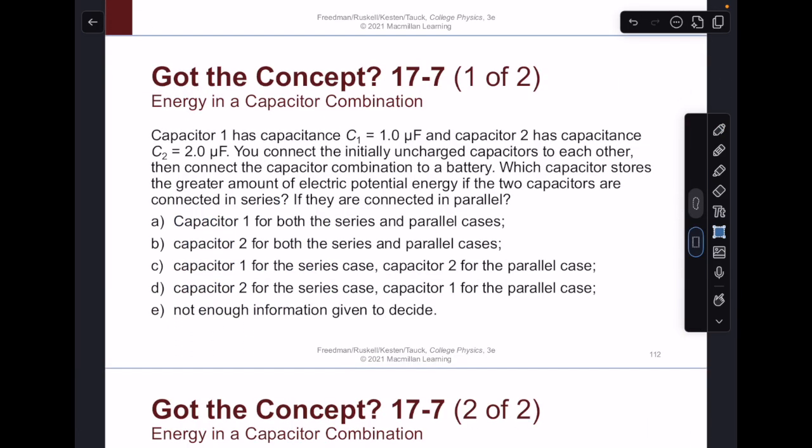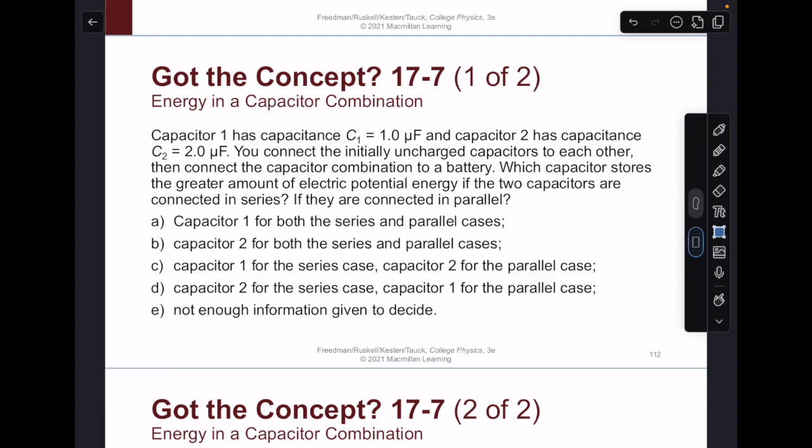So in this conceptual problem, we have two capacitors, C1 and C2, and they're initially connected together uncharged. And they're connected together in either a series or a parallel arrangement. So if we connect them in the series arrangement to a battery, and if we connect them in a parallel arrangement to a battery, which capacitor, one or two, stores the most amount of potential energy?